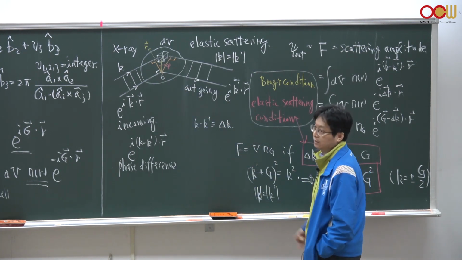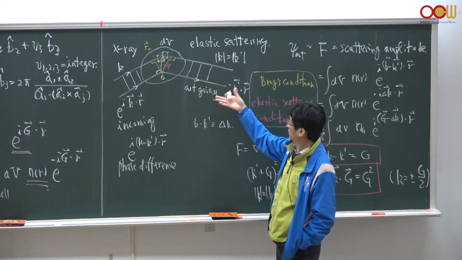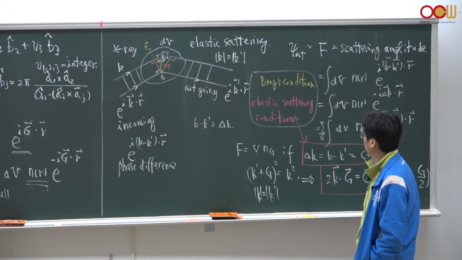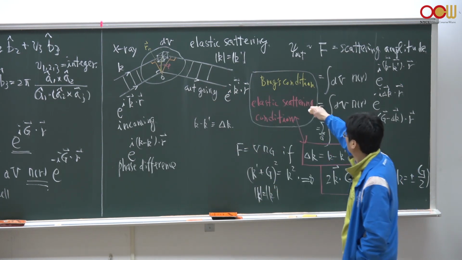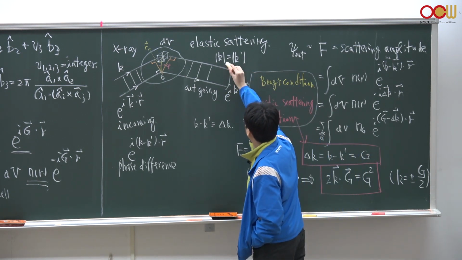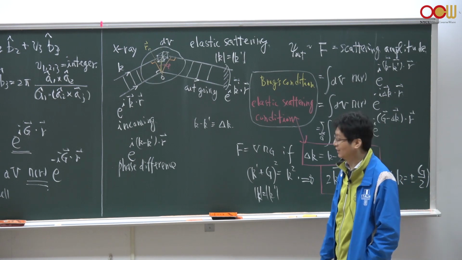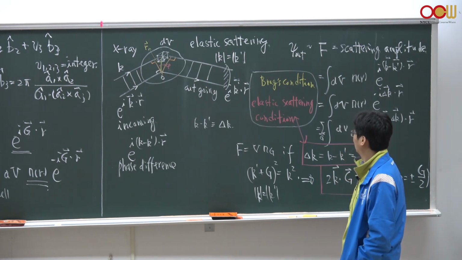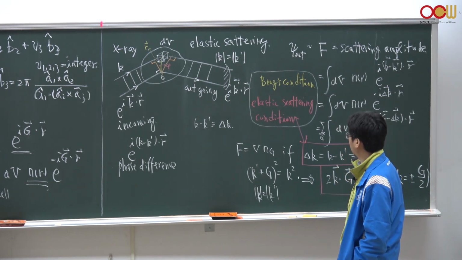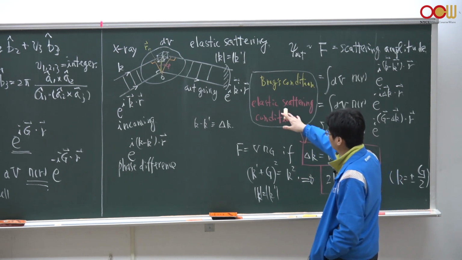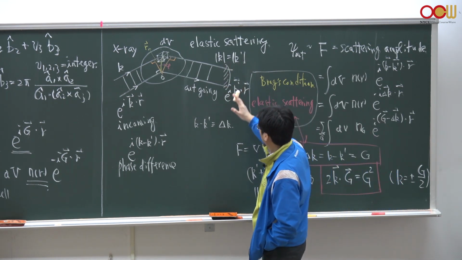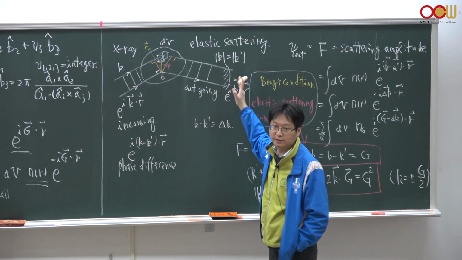Then I can use a detector to collect all these outgoing X-ray particles, the amplitude and the scattering cross section and so on with respect to all these different momenta and angles.